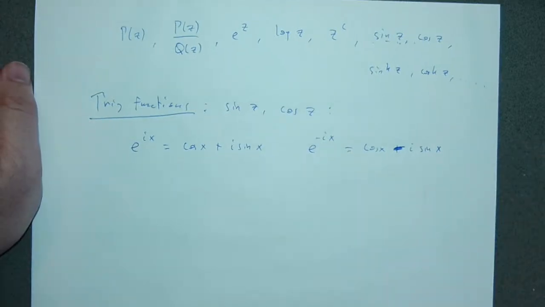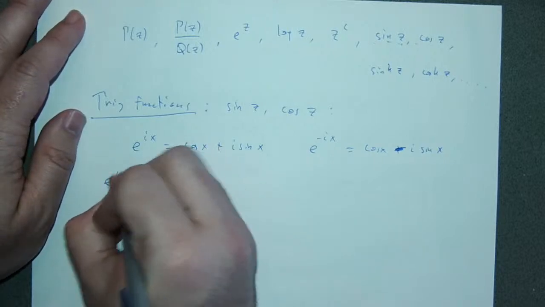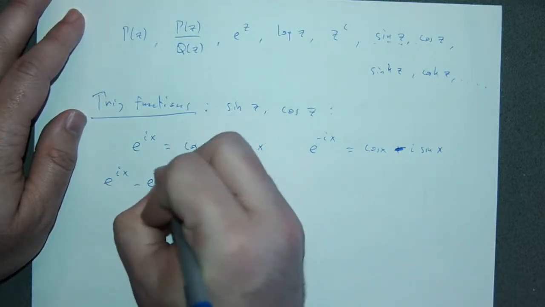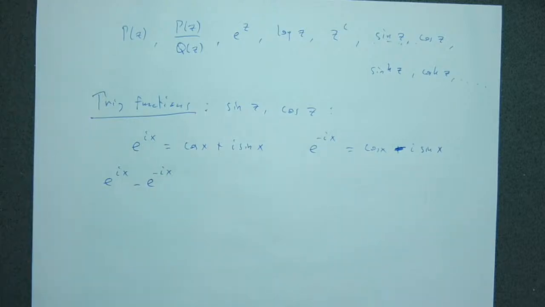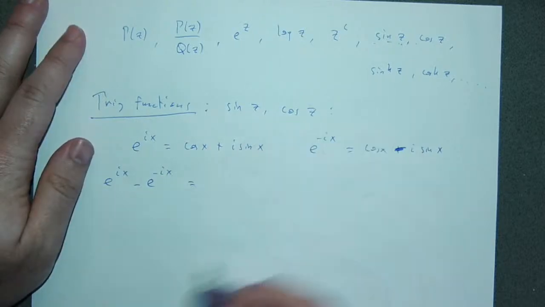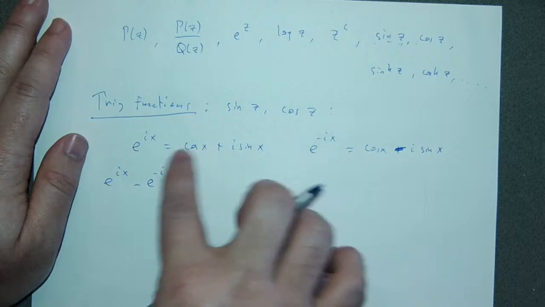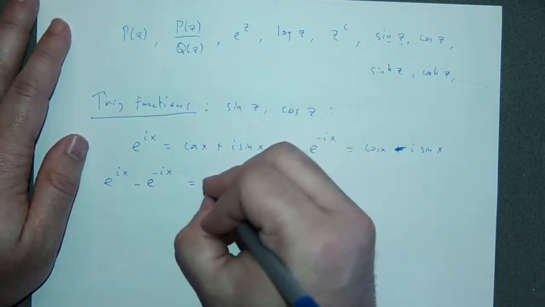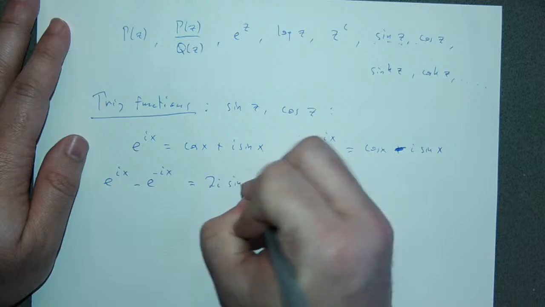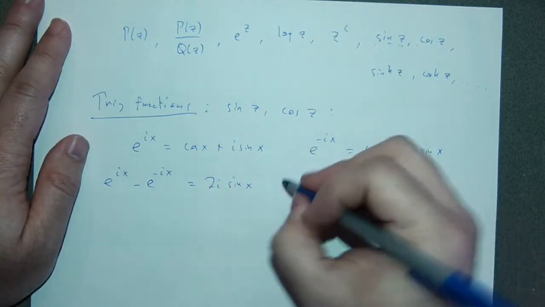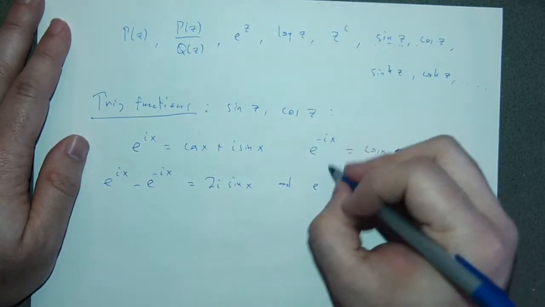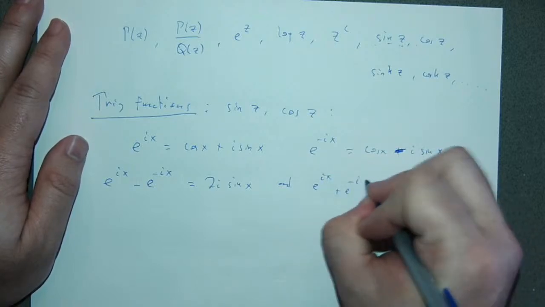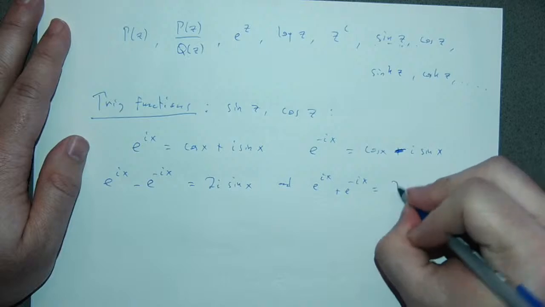All right. And thus, if we look at e to the ix minus e to the minus ix, this is just subtracting this from this. What do I get? This is equal to 2i sine x, and e to the ix plus e to the minus ix is equal to 2 cosine x.